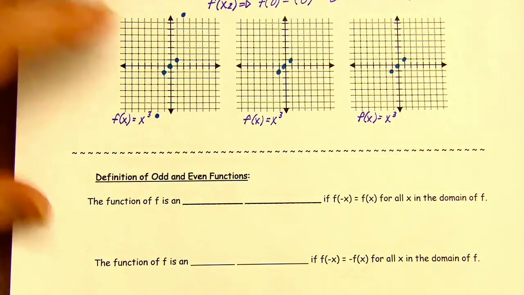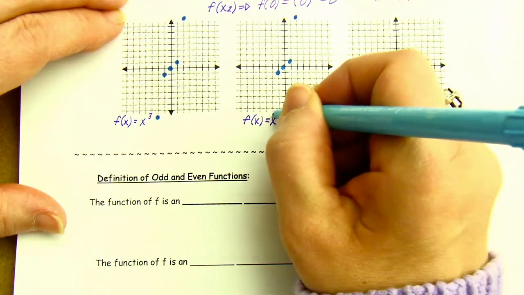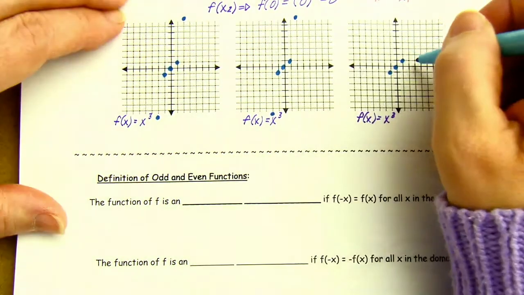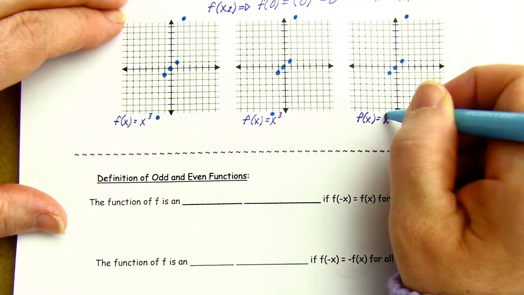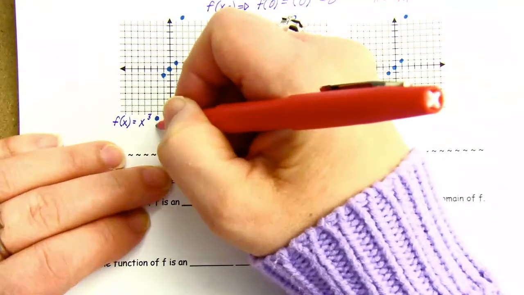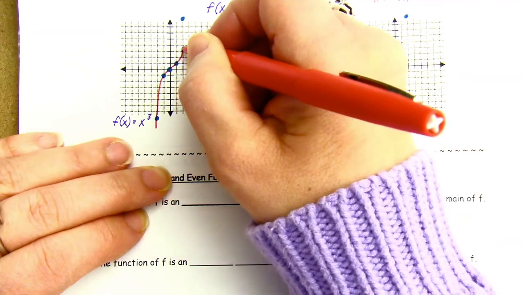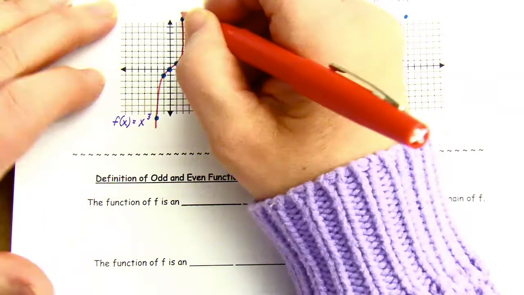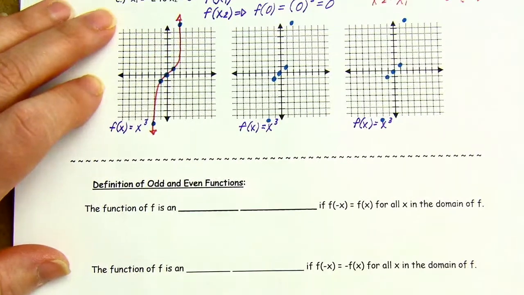All right, I'm going to do the same thing over here. 2 cubed is 8. Negative 2 cubed is negative 8. I'm now going to connect. The cube function takes on this look. Okay, we're going to do it 3 times.